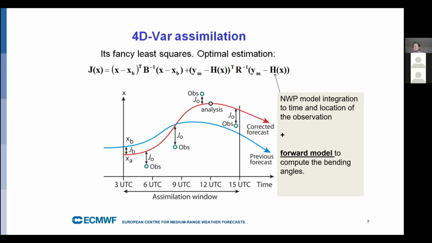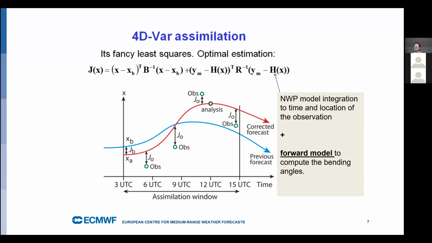And then we compute the bending angle with what we call the forward operator. And that's what Ian was talking about yesterday in the context of ROPP. We have these bending angle forward operators that allow us to go from state space, which is temperature, humidity, pressure, and so on, into bending angle space. And that's what we do our least squares fit in. So we try and fit the bending angles to within their error characteristics, and at the same time fit the previous forecast to within its error characteristics.